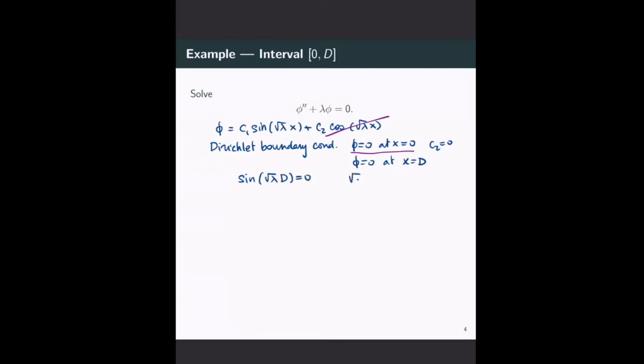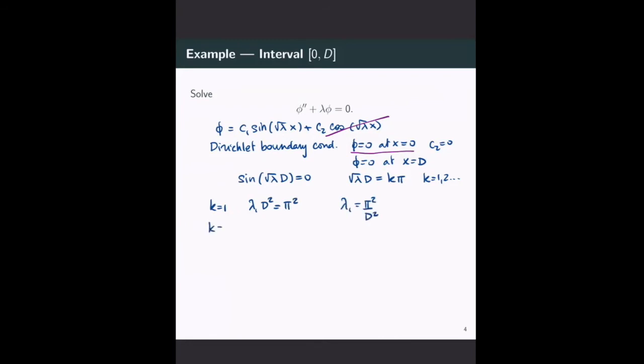So square root of lambda times d is k pi, for k equals 1, 2, etc., since both numbers are positive. We don't want 0, otherwise we get phi equals 0, which is the trivial function. Now, what is the first eigenvalue? k equals 1 gives lambda 1 d squared is pi squared, so lambda 1 is pi squared over d squared.